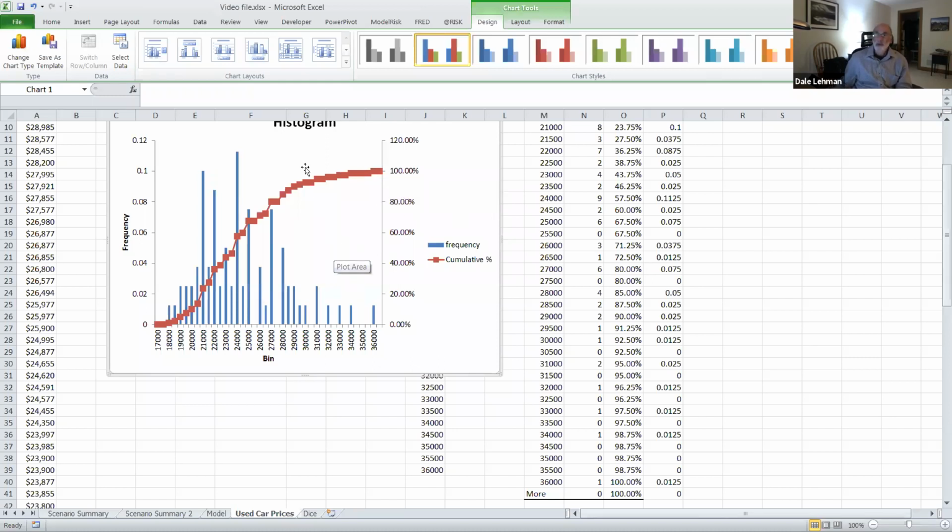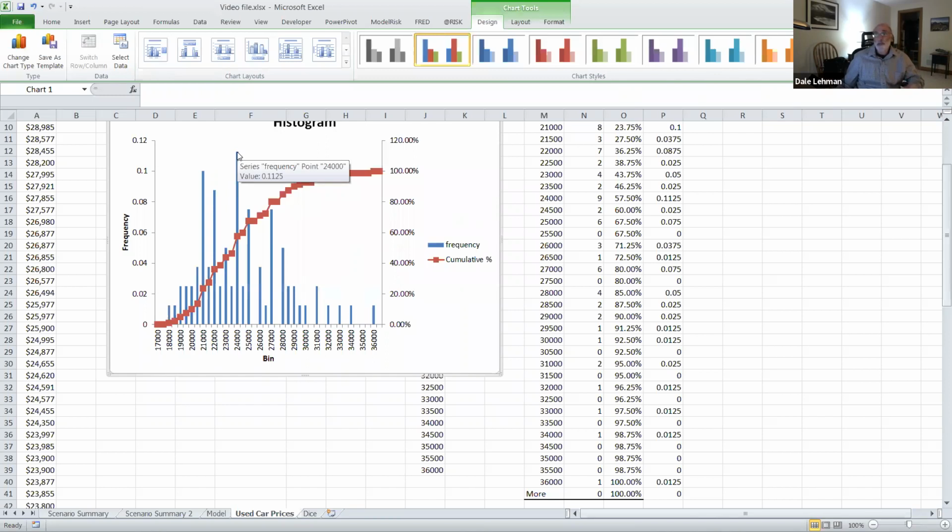And this is that second way of conceiving a probability as a relative frequency. My interpretation here would be how often is a used 3-year-old BMW's actual residual value between, I think, 23,750 and 24,250, and the answer is a little over 11% of the time.